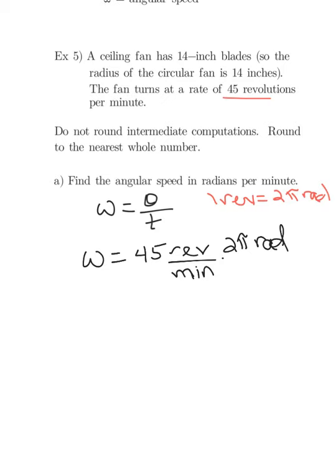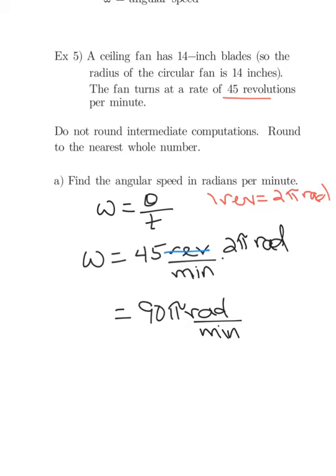And when you say of like that, you multiply. As soon as you take revolution times radians, revolution goes away. So what we now have is 90 pi radians per minute. So that is our angular speed.